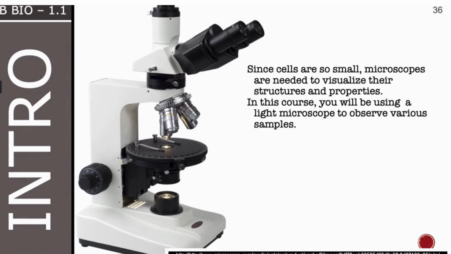Without the invention of microscopy, we would not be able to see or know about the microorganisms and little living things. Because we have microscopes, we are able to visualize the structures and properties of living organisms, even those invisible to the naked eye.